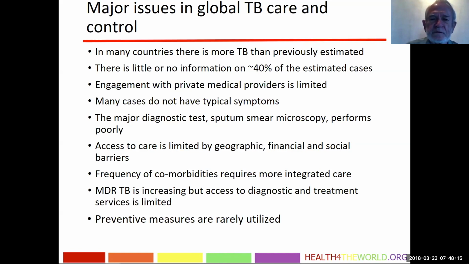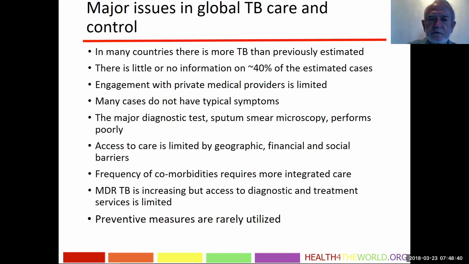The major diagnostic test that's used globally for diagnosis of pulmonary tuberculosis performs very poorly. This has been known for a while, but the studies that have been done in many different countries now show that test performance is really suboptimal, both in terms of sensitivity and specificity.